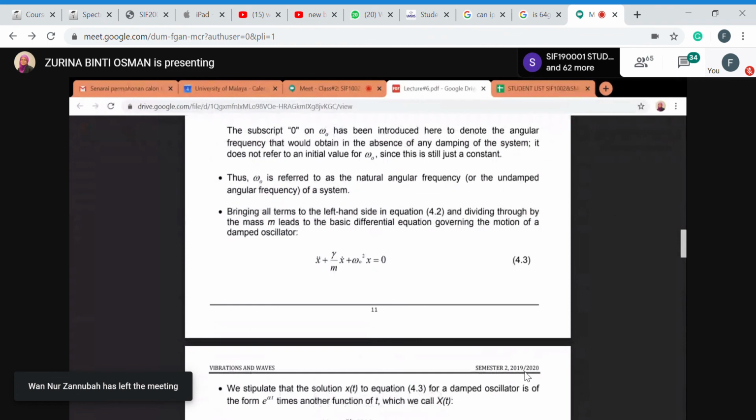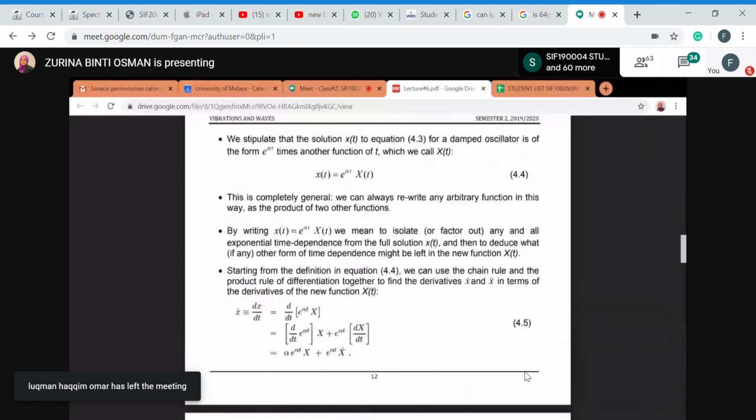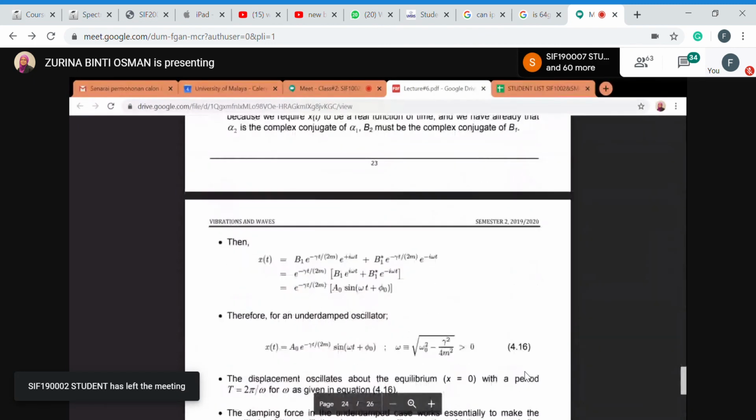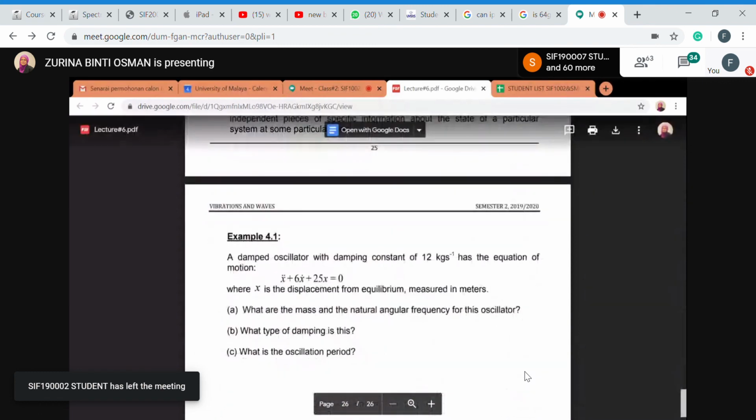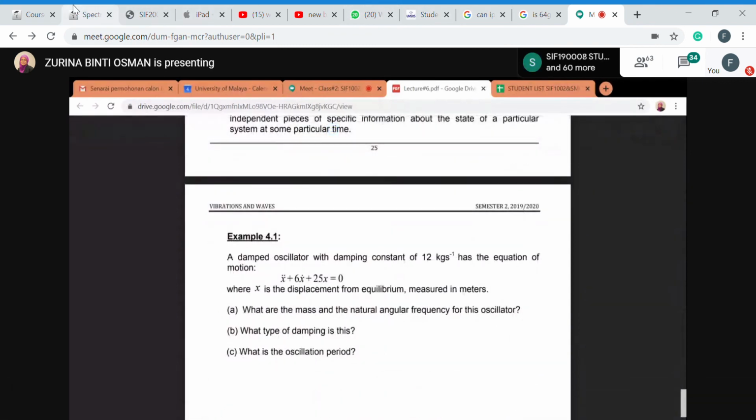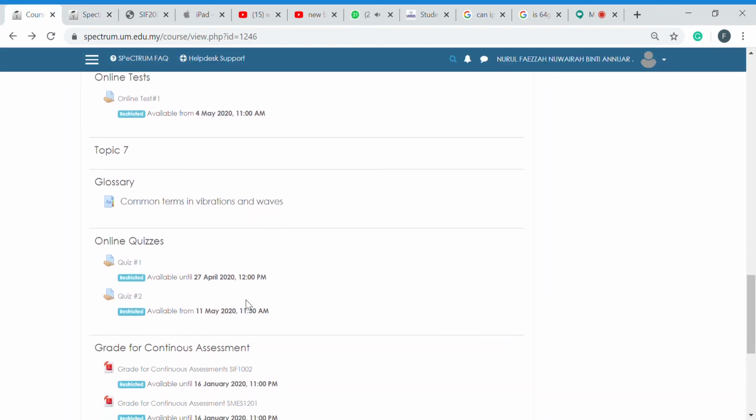Please take note that you need equation 4.3, and you need to compare it with the equation given by the problem.